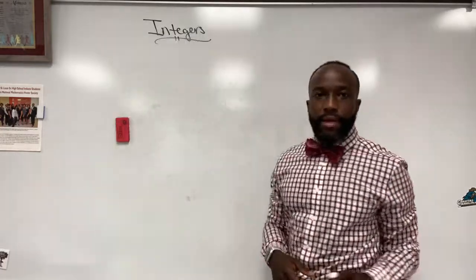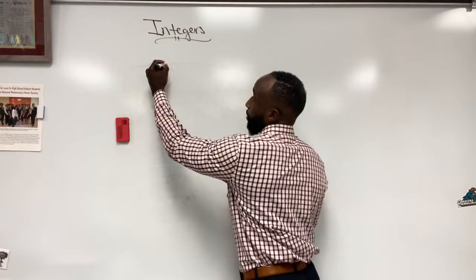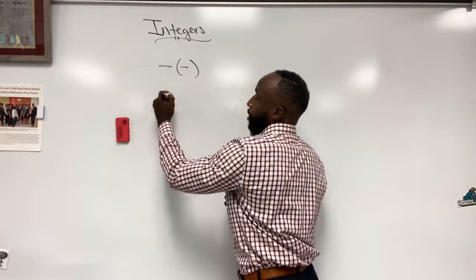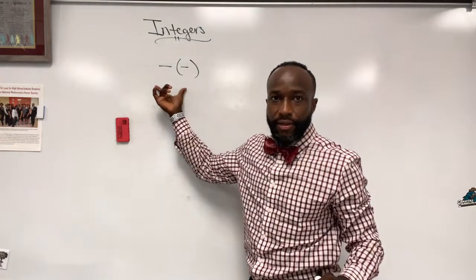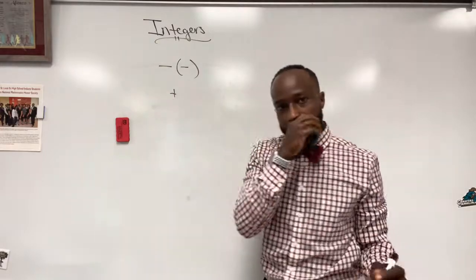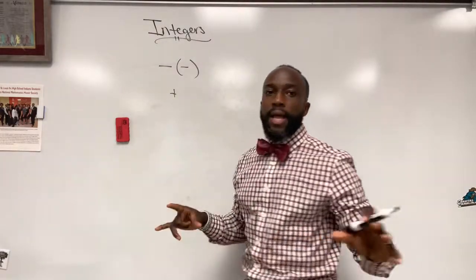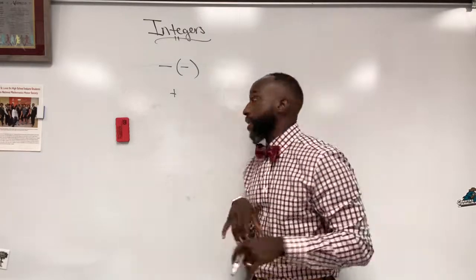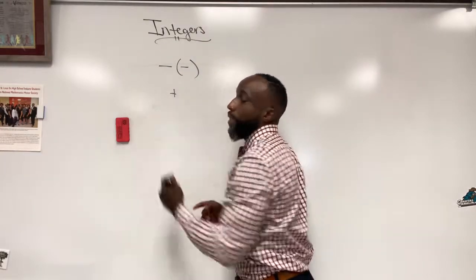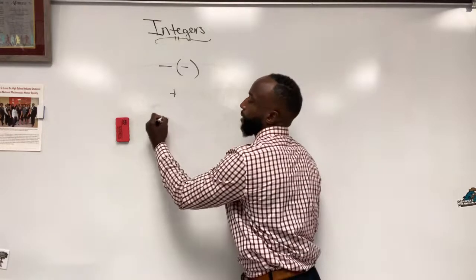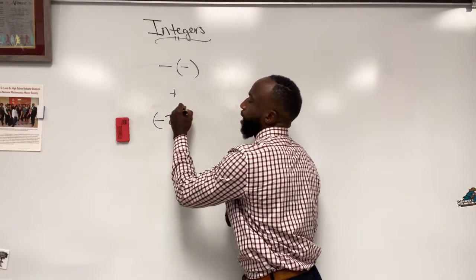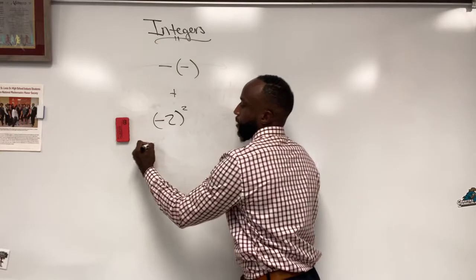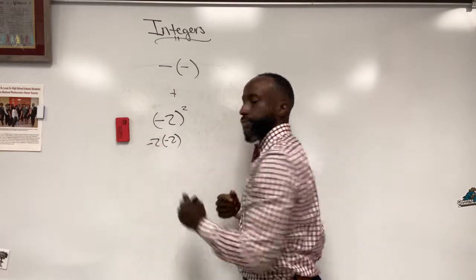When I multiply, it's just like our double rule, right? So if I had minus negative, it becomes plus, right? So the rule is, when you multiply, when you have an even number of negative signs, right? So a quicker way to represent this would be if I had, like, say, -2 to the second power. -2 to the second power is -2 times -2, right?